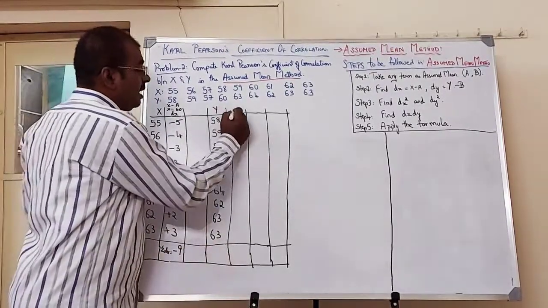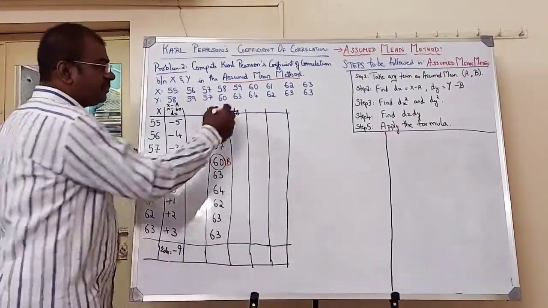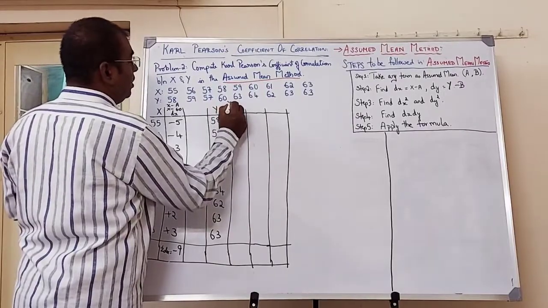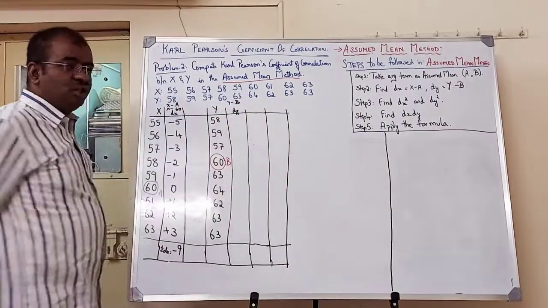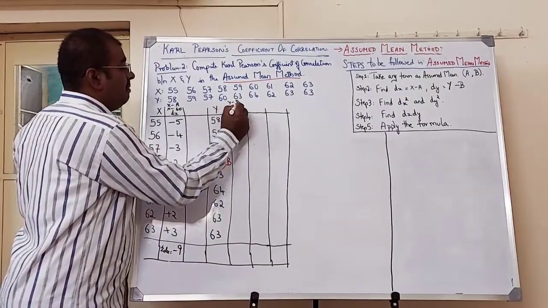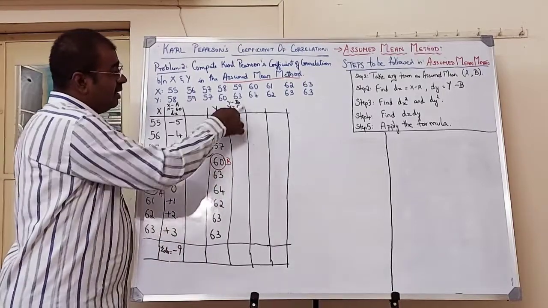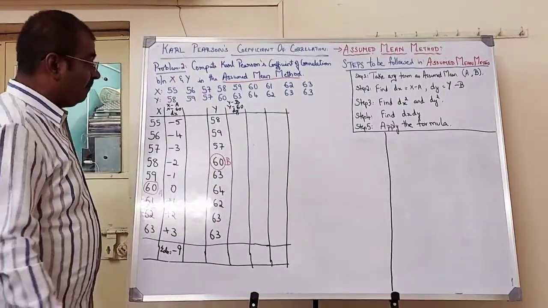Similarly, let us find out the value of sigma dy. So deviations of y is equal to y minus the assumed mean, which is B. Here again I have taken the assumed mean as 60.